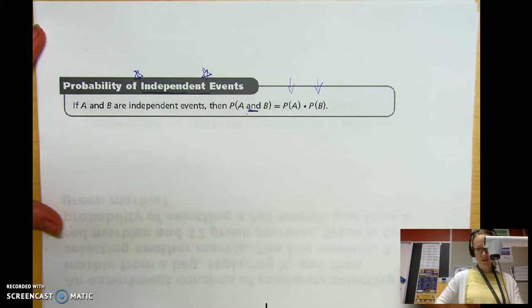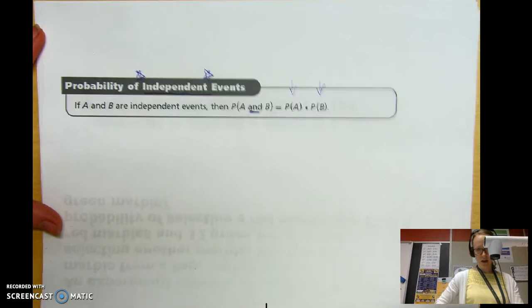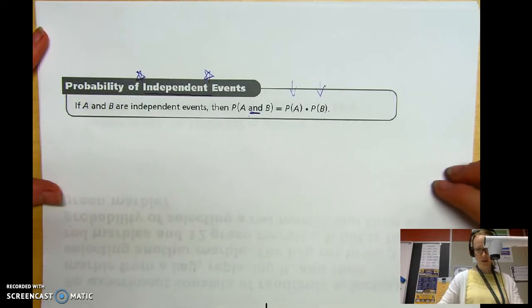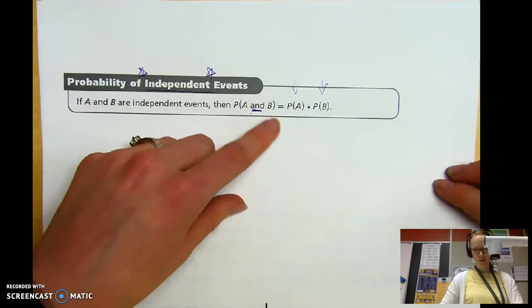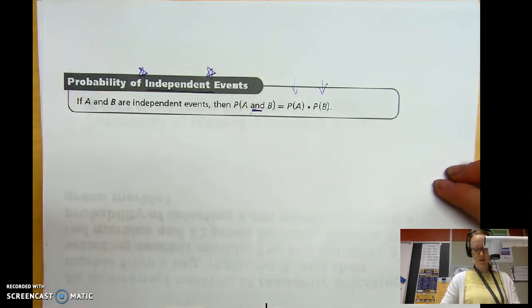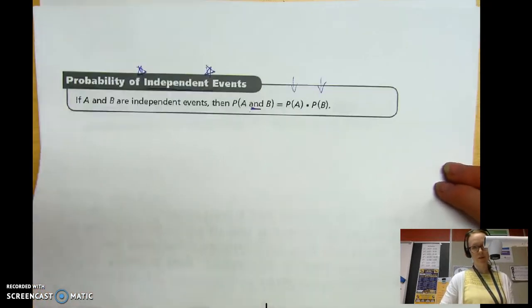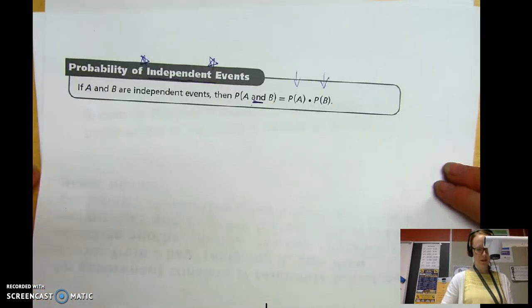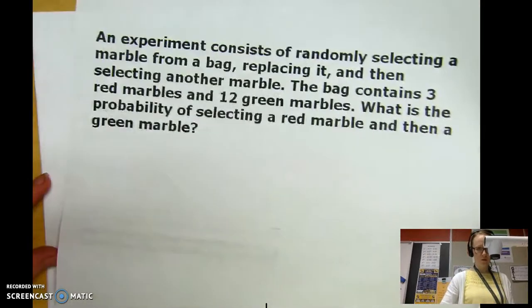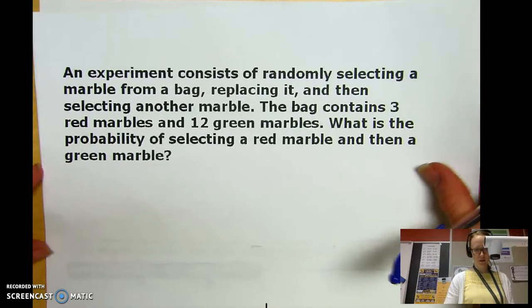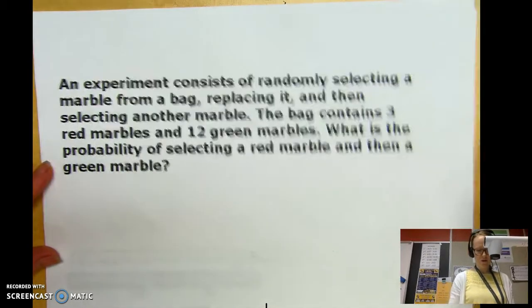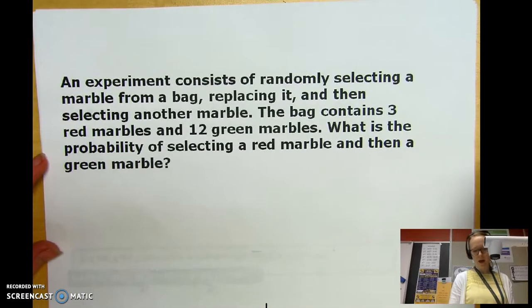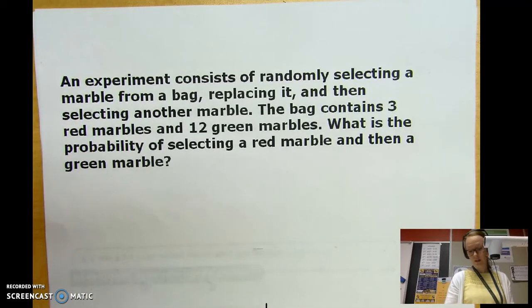So, moving on. Let's again get that equation down. A and B, two events at the same time, can multiply their individual probabilities if those two events are independent. So, this first example talks about we select a marble from a bag, we replace it, and then select another marble.